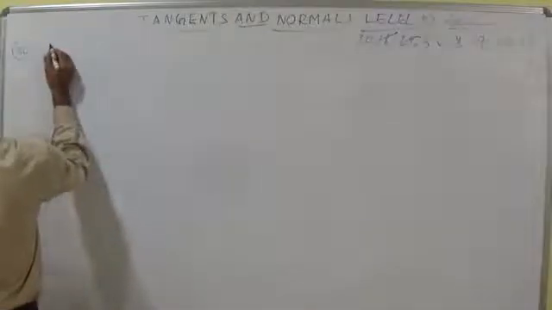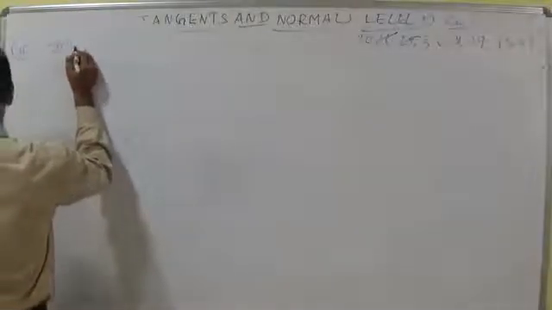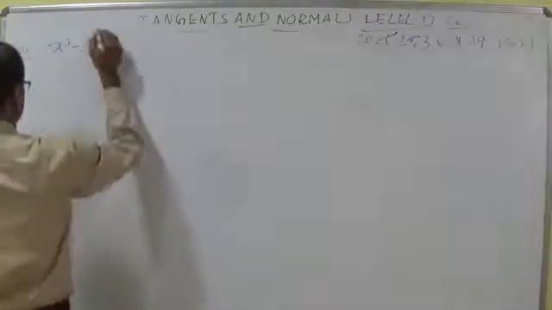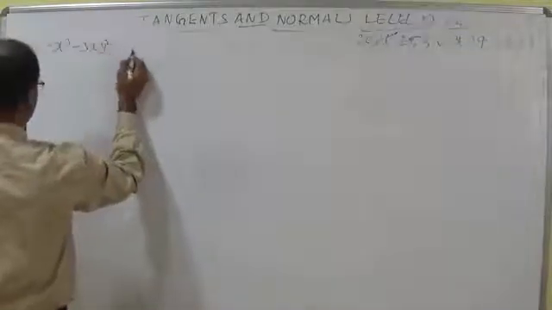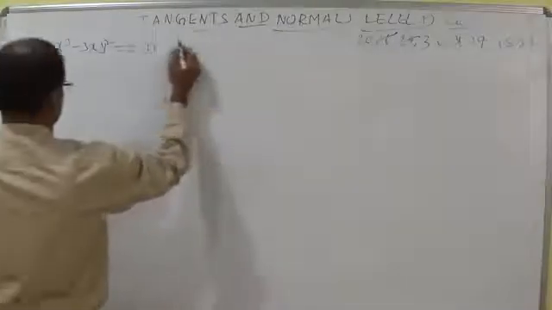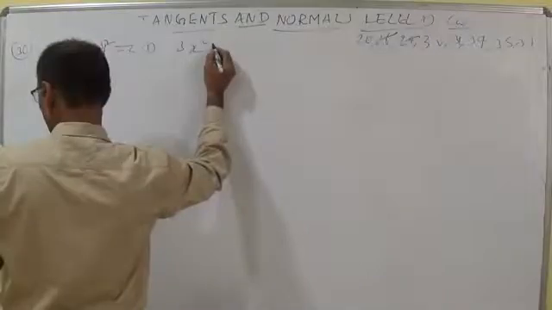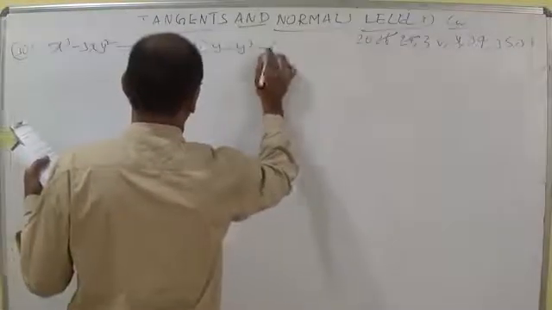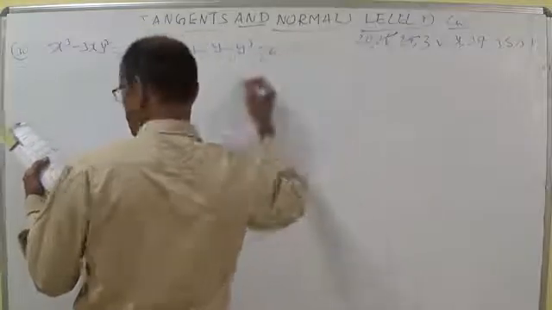Two curves are given. The first curve equation is x cube minus 3xy square equal to 2, let it be the first equation. The second curve is 3x square y minus y cube equal to 2, the second equation. We should calculate the angle between the two curves.